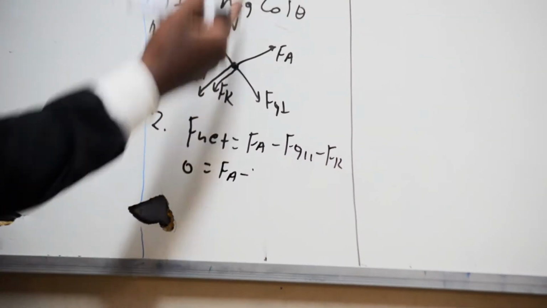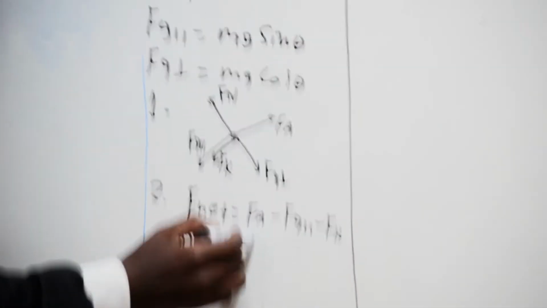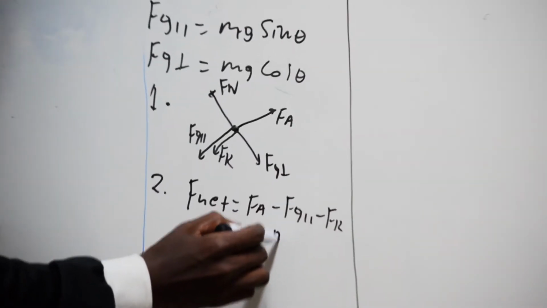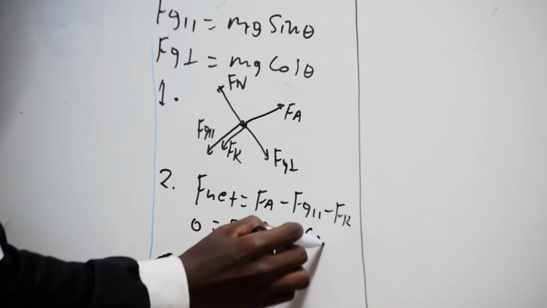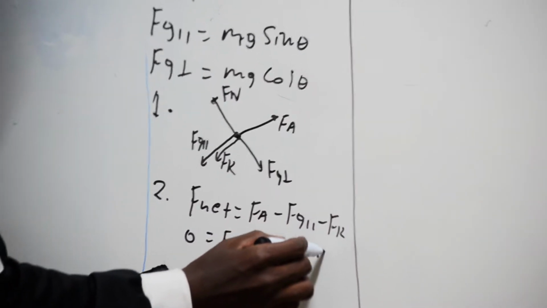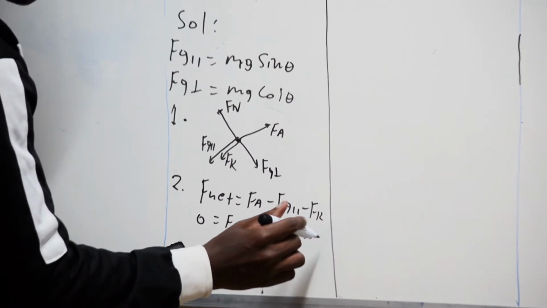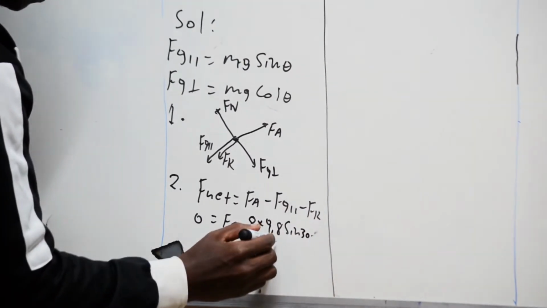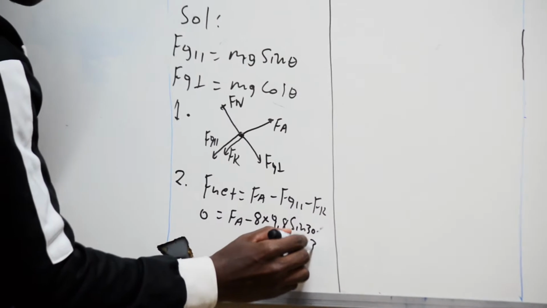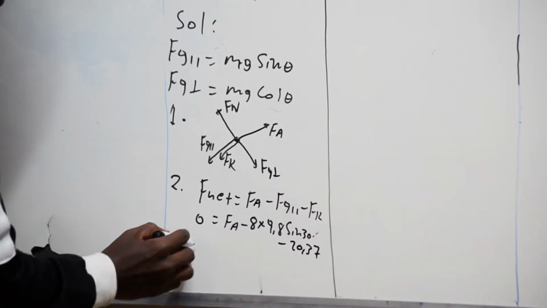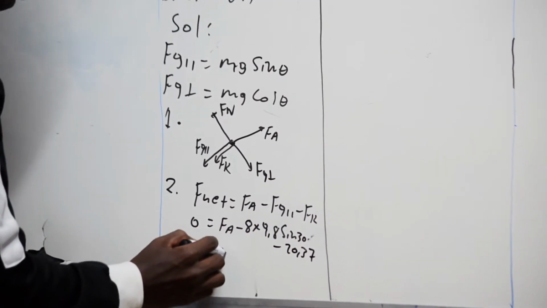There's my FG parallel: the mass is 8 kg times 9.8 times sine 30 minus FK, 20.37. So this is 0, minus FA.